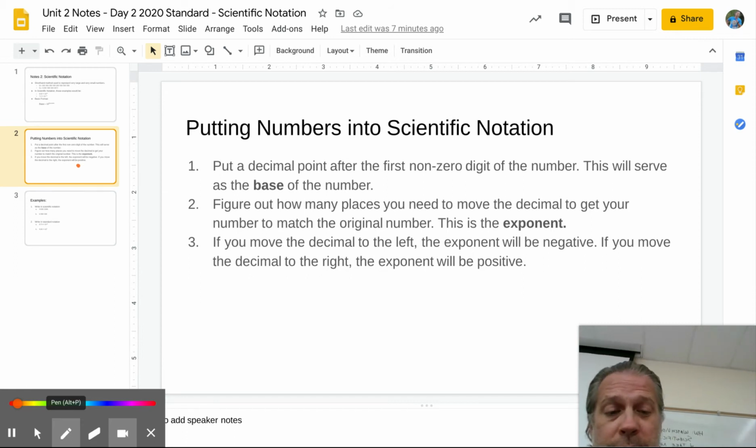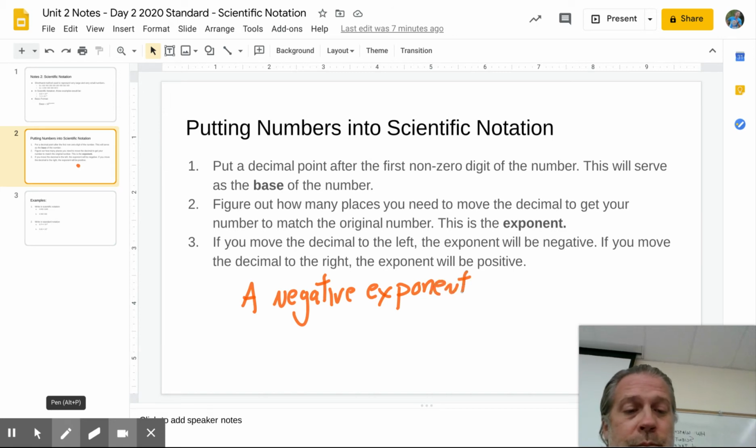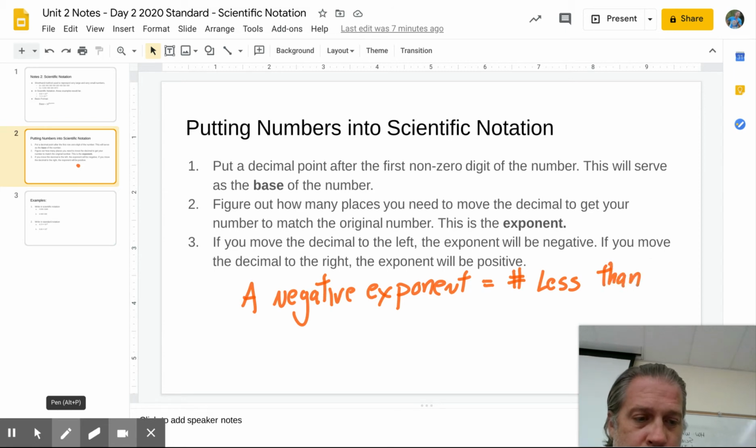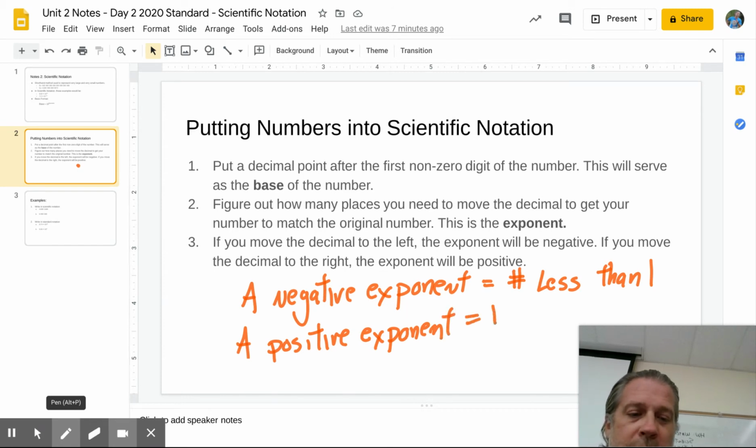And once again, I'd like to reiterate that a negative exponent equals a number that is less than 1, and a positive exponent equals a number that is larger than 1.